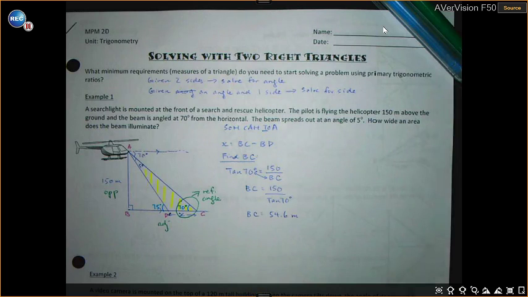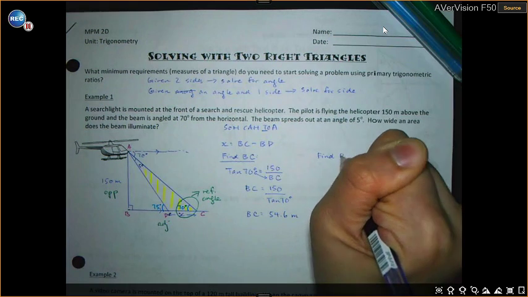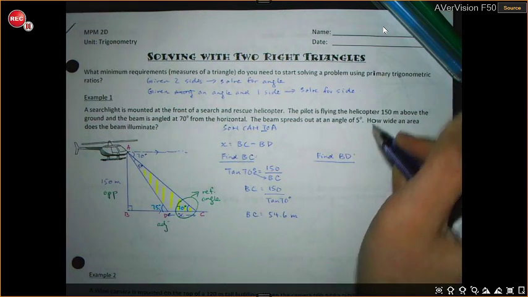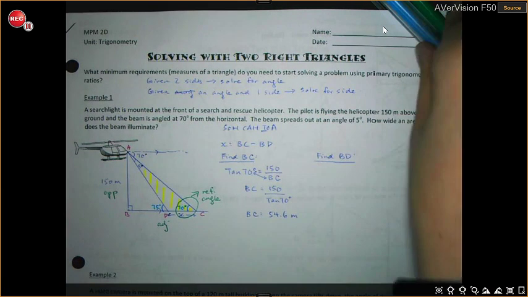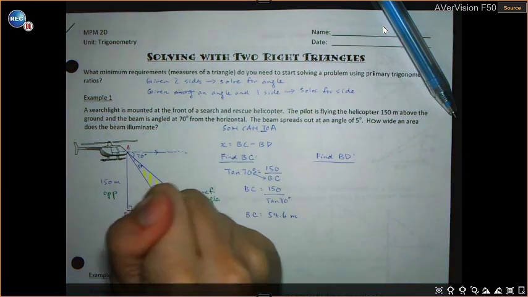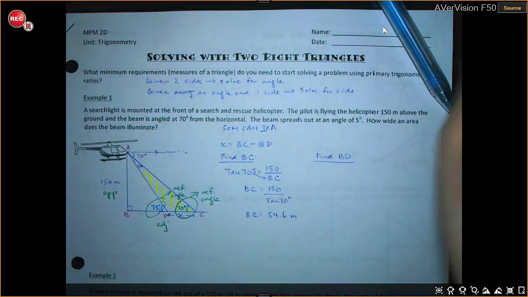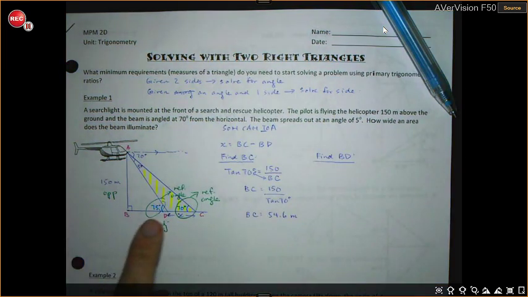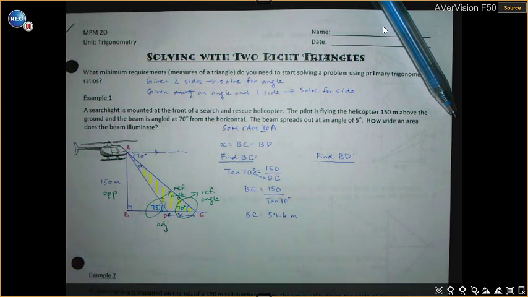So we found BC. Now we're going to do the same thing with BD. Since we're finding BD, we're looking at this right triangle here. With this right triangle, 75 degrees is the reference angle. The side that we're trying to find is still the adjacent. The given side is still the opposite, so we will still use the tangent ratio.